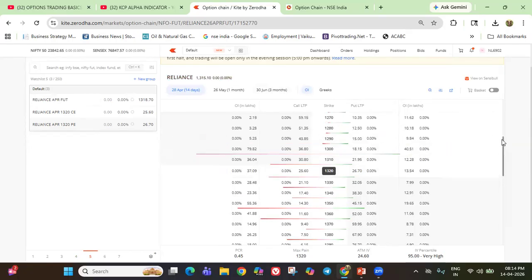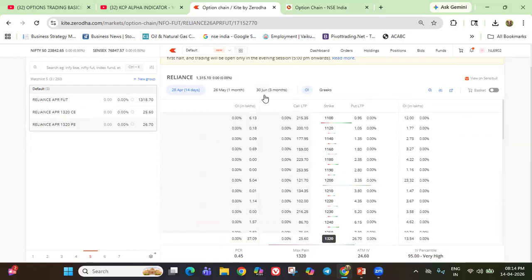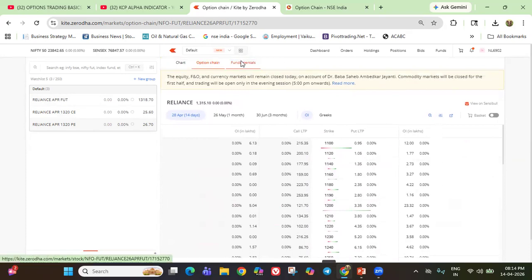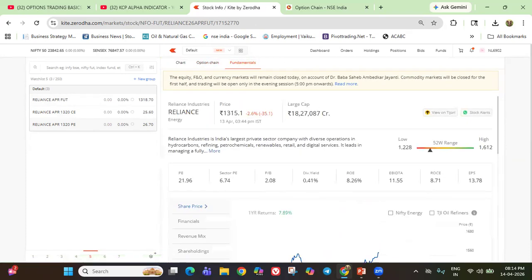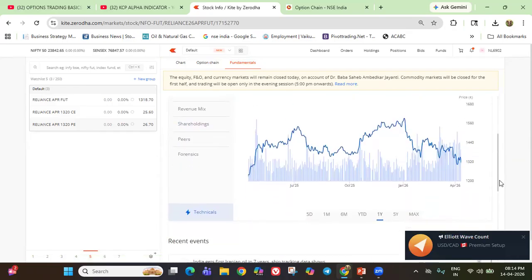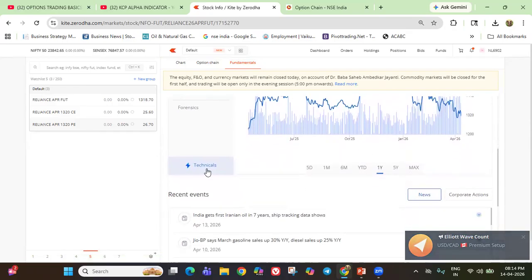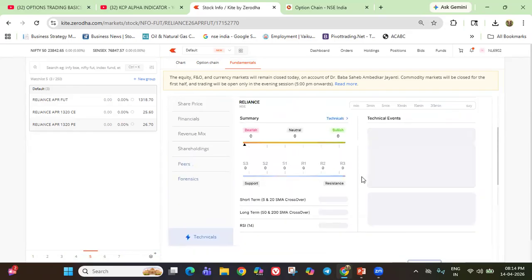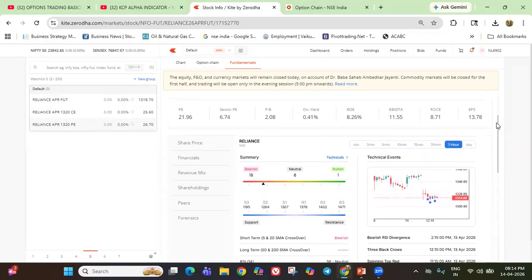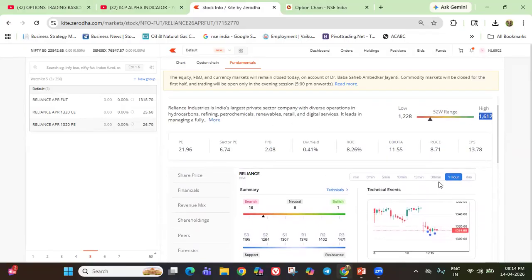If you don't know anything about technical indicators, you can just go for the fundamentals. There you can get information on how to predict the market. For example, Reliance also, here you can see how the fundamental analysis is given. Clicking the technicals, it will give you the chart value, to see how exactly the market is moving. It's a macro level, 1 hour time frame.